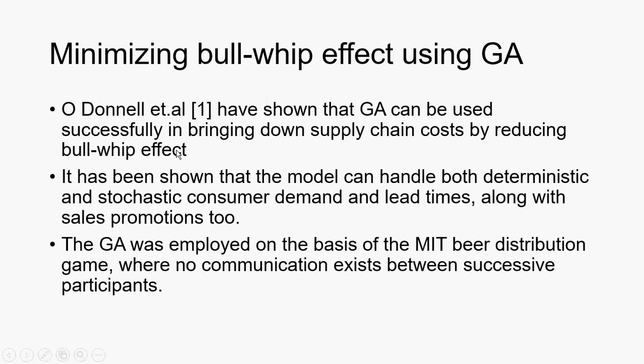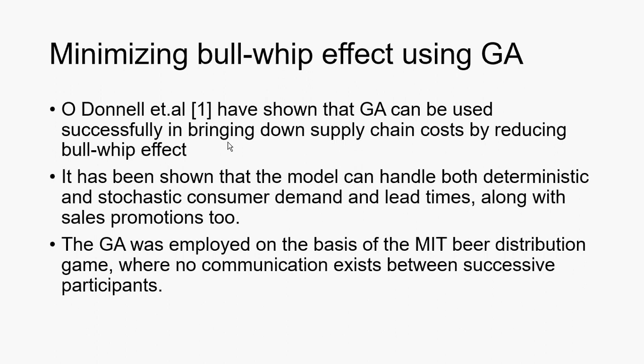So O'Donnell and his team have shown that genetic algorithms can be used in successfully bringing down supply chain costs by reducing the bullwhip effect, and they have developed a model which handles both deterministic and stochastic consumer demand and lead times.